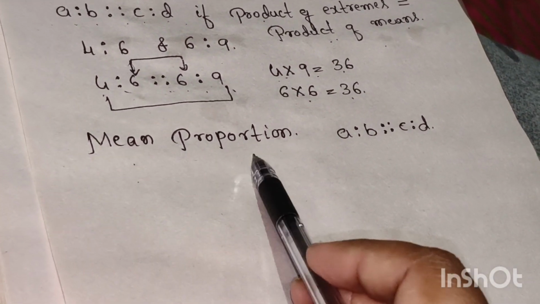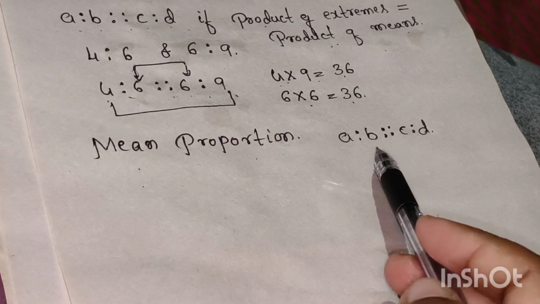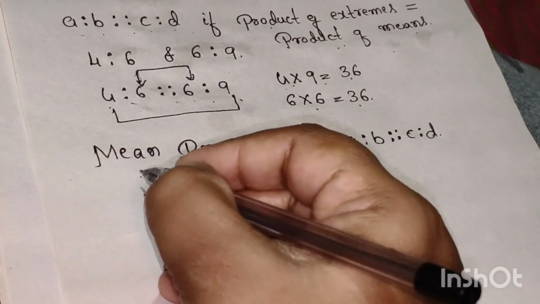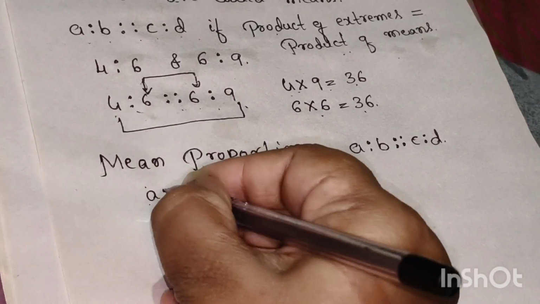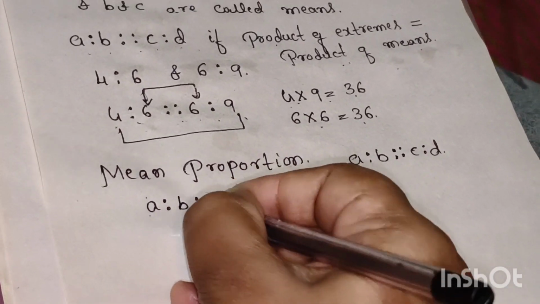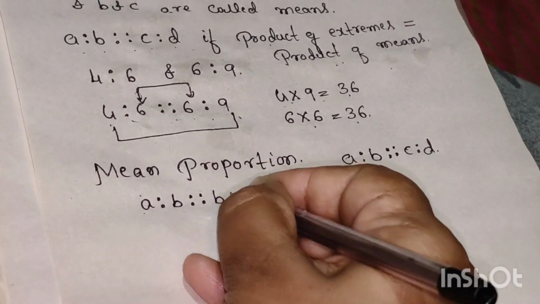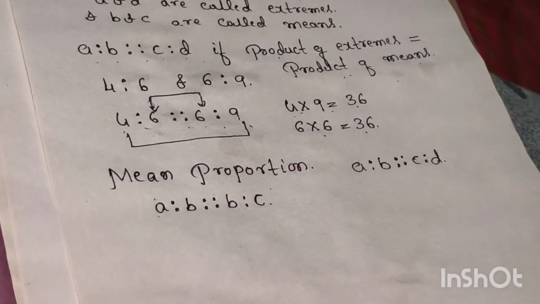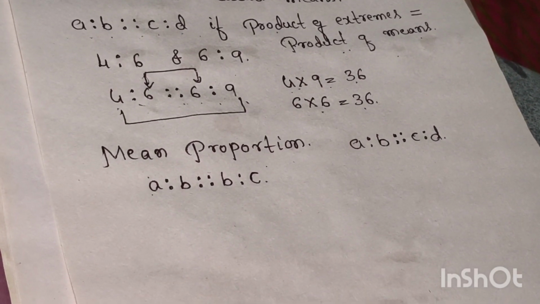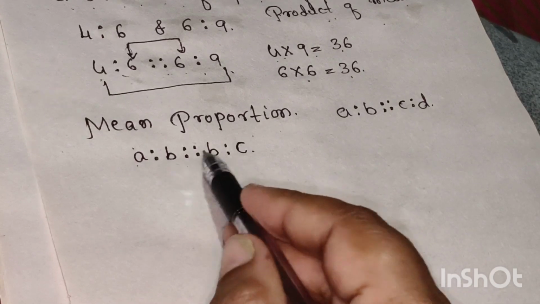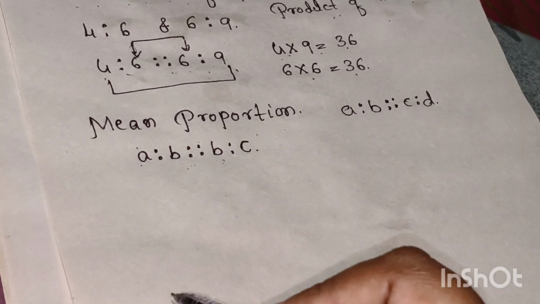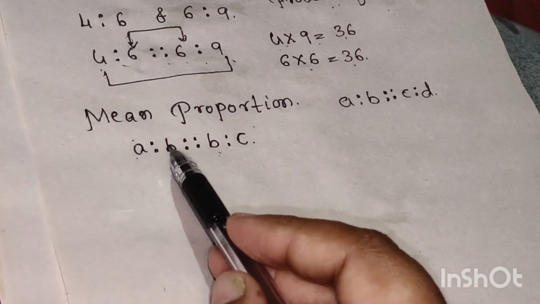So in mean proportion, we write the proportion in the form A is to B is proportion to B is to C. So in mean proportion we find the value of B. So mean means B.